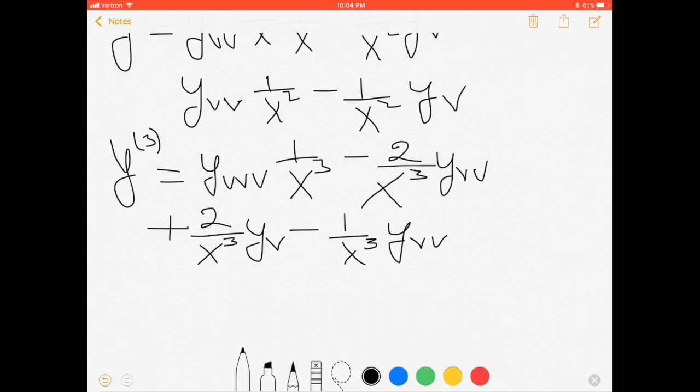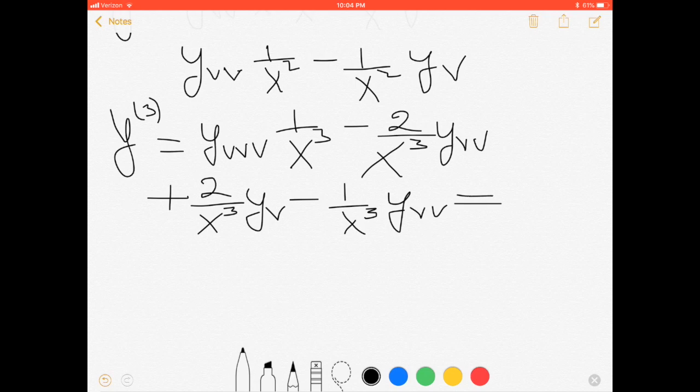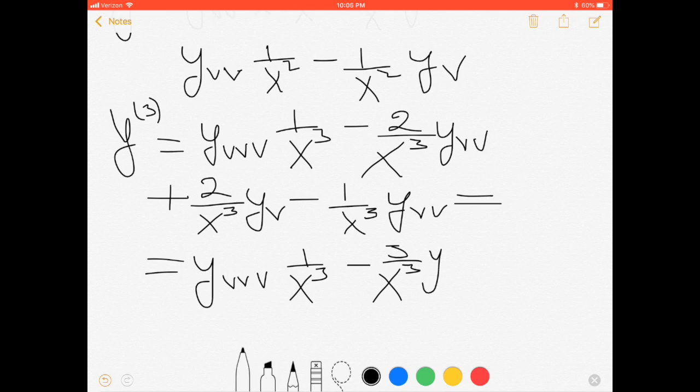This means we need to simplify a little bit. It will be the third derivative with respect to v times 1 over x cubed, minus 3 times 1 over x cubed second derivative, and plus 2 times 1 over x cubed y prime.